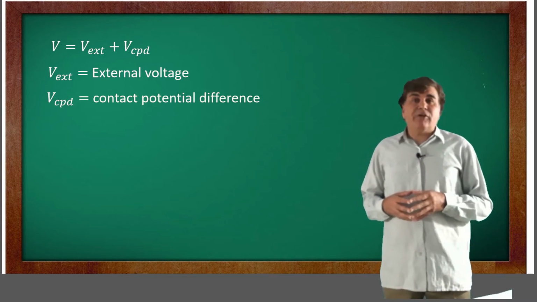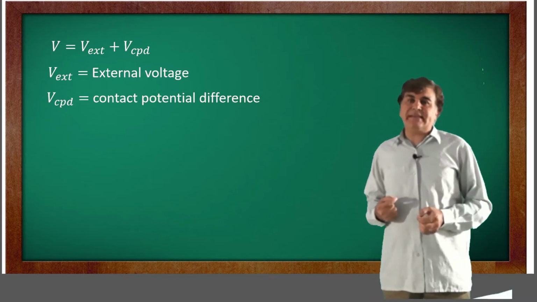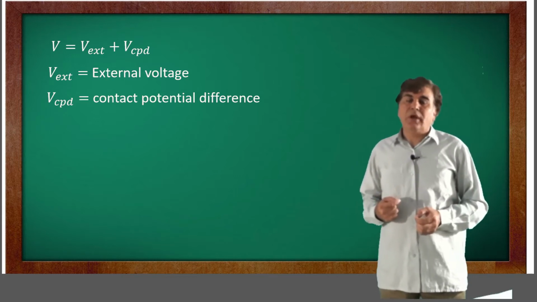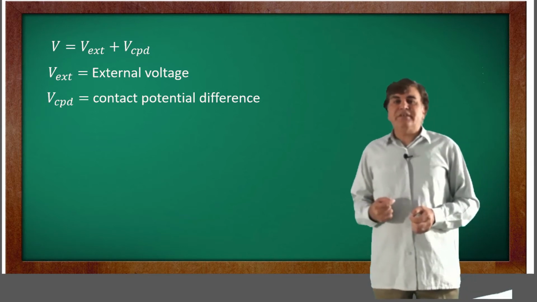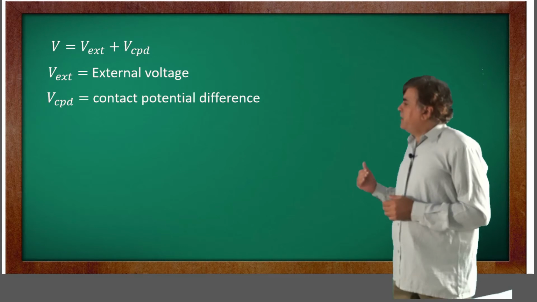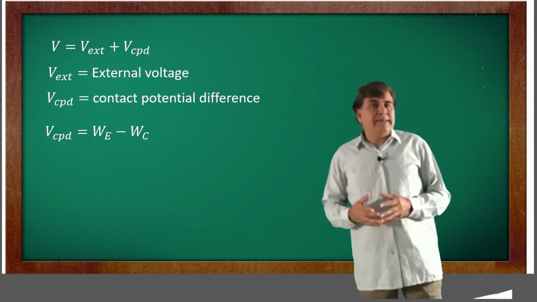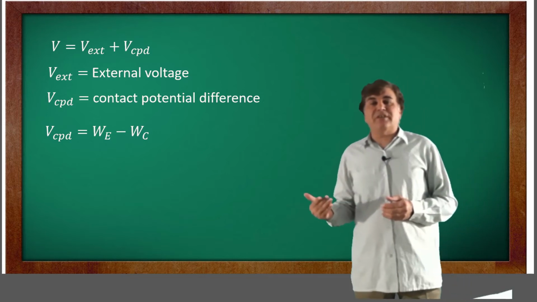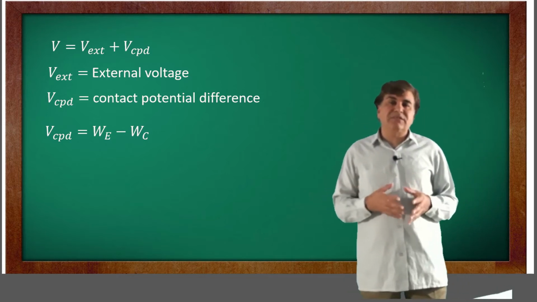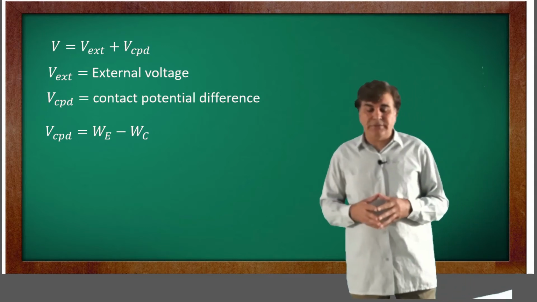If the emitter and collector are made of the same metal, then V sub cpd is equal to 0. And if they are made of different materials, then V sub cpd equals W sub E minus W sub C, where W sub E is the work function of the material from which the emitter is made, and W sub C is the work function of the material from which the collector is made.